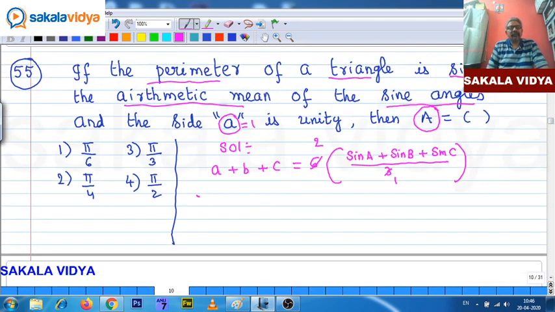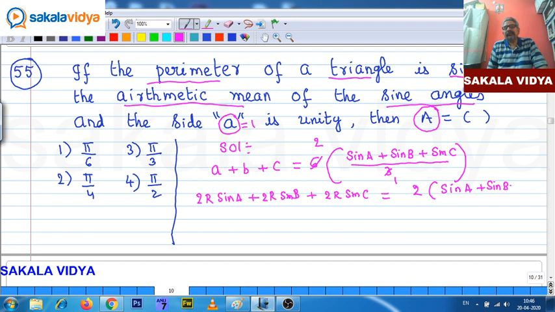Instead of a, we can write 2r sin A, plus instead of b, we can write 2r sin B, plus instead of c, we can write 2r sin C, equals 2 times sin A plus sin B plus sin C.